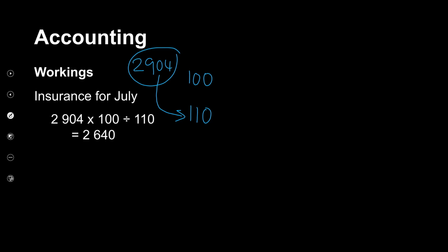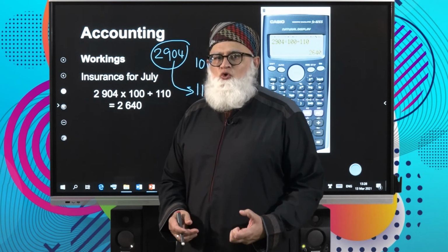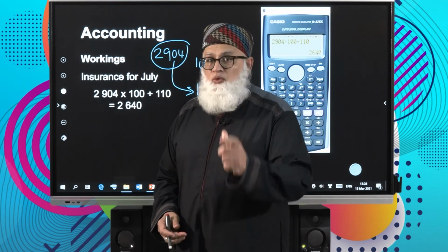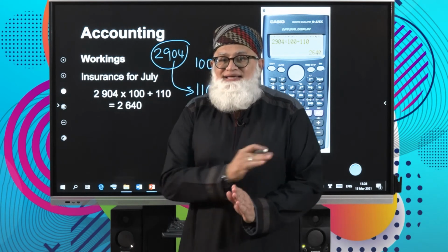Let's do this calculation here. If we take our 2,904 times 100 divided by 110, that will give you 2,640. So clearly, what was the 2,640? Your 2,640 was the amount of the insurance prior to the increase.